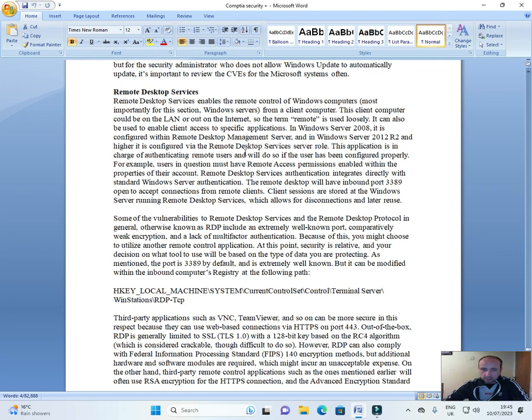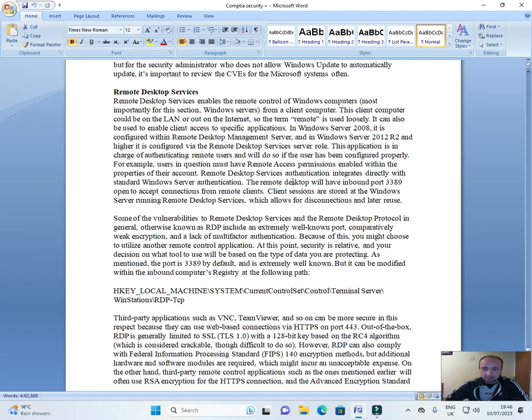This application is in charge of authenticating remote users and will do so if the user has been configured properly. For example, users in question must have remote access permissions enabled within the properties of the account.